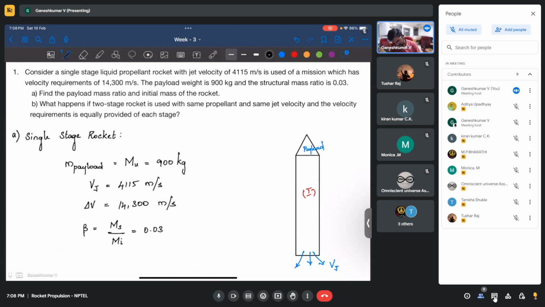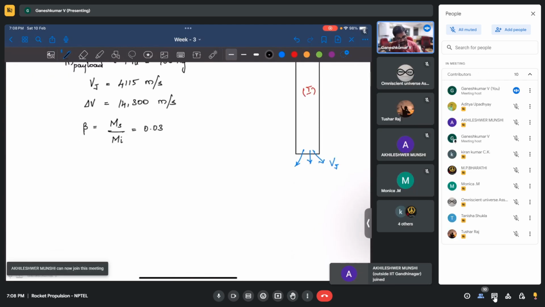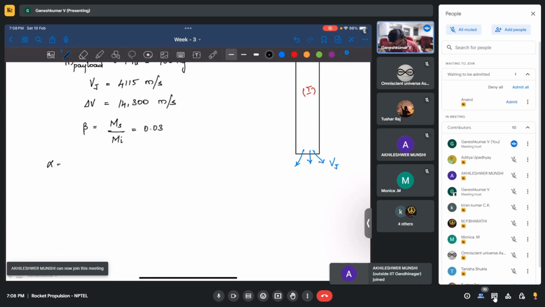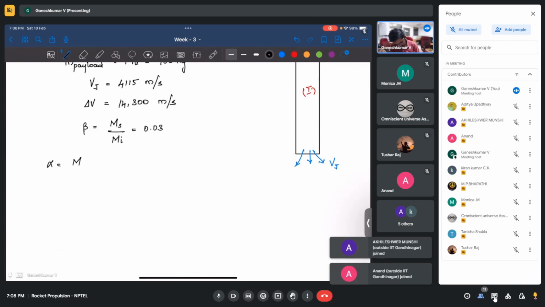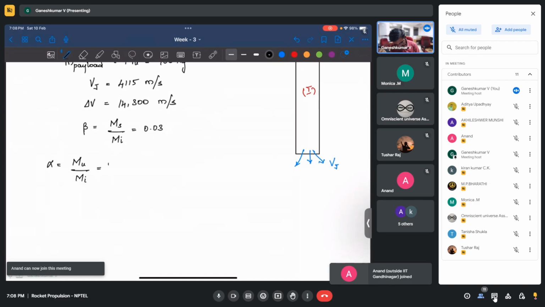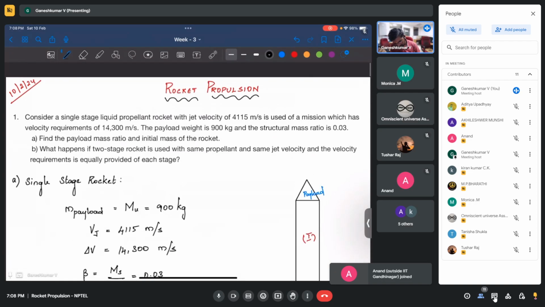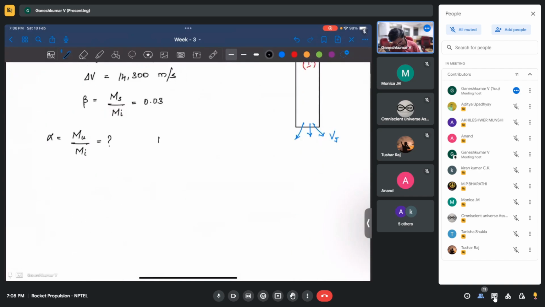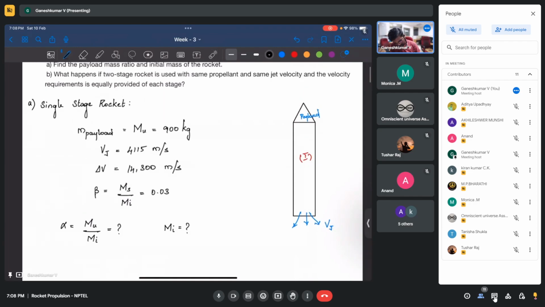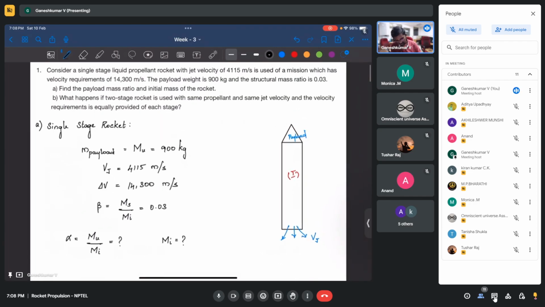So what we are asked to find is alpha, which is nothing but the payload mass ratio. And then we also need to find mi. I hope the question is clear.